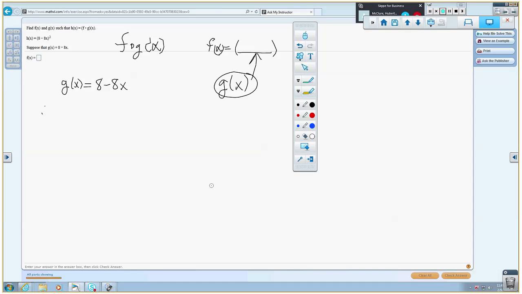Therefore, F of X is equal to what? Something squared. Well, how's another way to write something squared? F of X is equal to what? X squared.